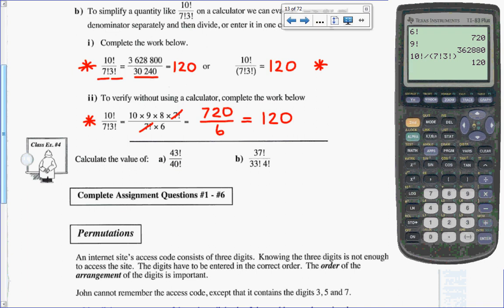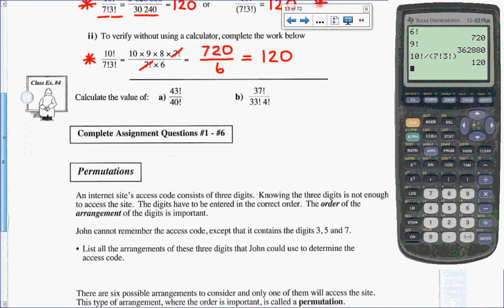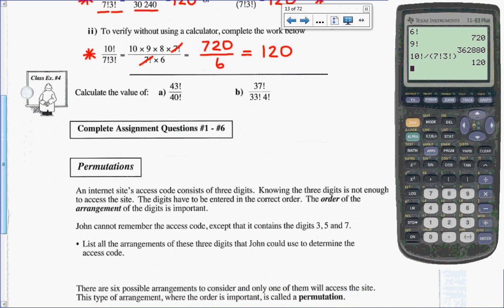Class example number 4 says calculate the value of 43 factorial over 40 factorial. When you can allow the calculator to do the work for you, why wouldn't you? So 43 factorial divided by 40 factorial.